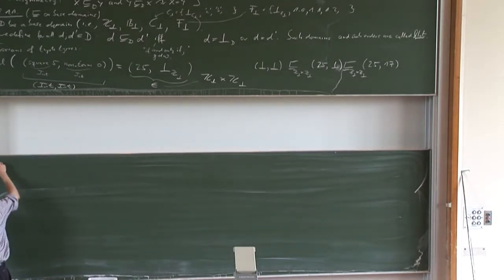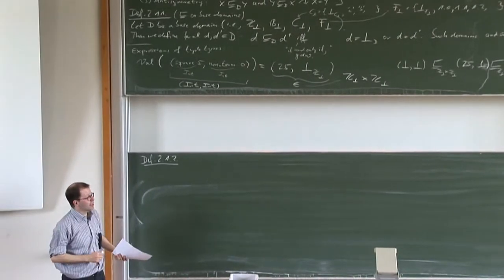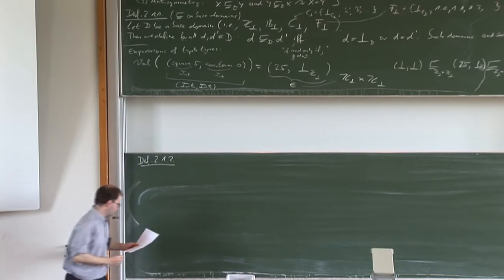So if we have some domains, we can build their cross products, and then we get another domain. And this less defined or equal relation can then be defined on these product domains as well.